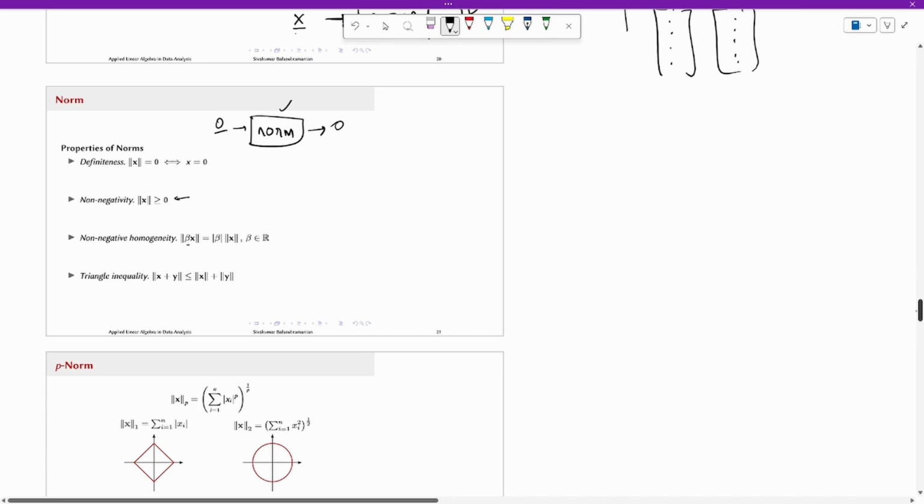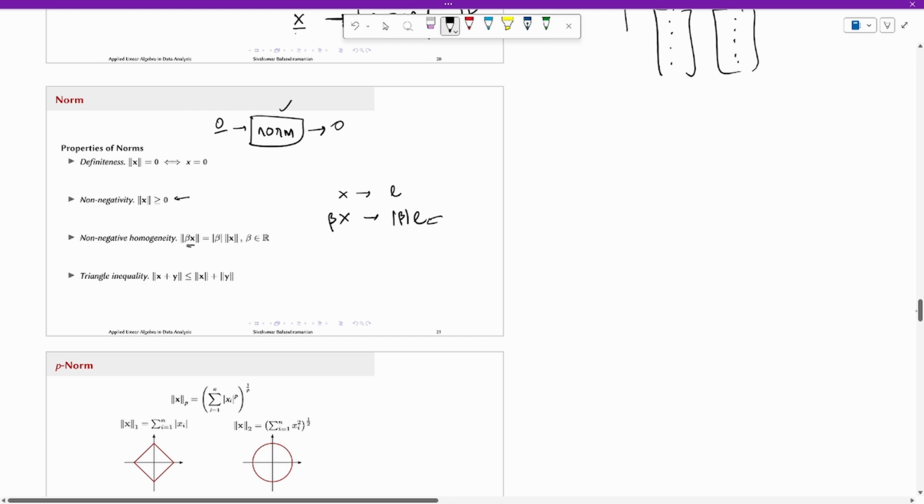And if you take a vector, it has, say, some length, L. If you scale the vector by beta, the length also should get scaled by the absolute value of beta. Because if beta is a negative number, your norm should still be returning a positive quantity. The length should be essentially |beta| times, which makes sense.